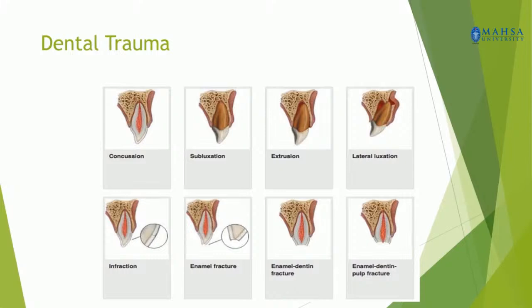Extrusion is partial displacement of the tooth. Luxation is displacement of the tooth. Infraction is microcracks. Enamel fracture, dentin fracture, and enamel-dentin-pulp fracture describe the part where the tooth is fractured.